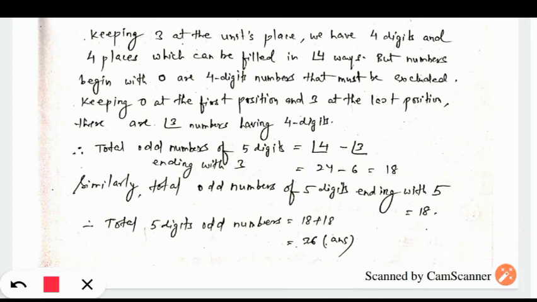Then what will be the total? In the first case we get 18 when the numbers end with 3, and in the second case again 18 when they end with 5. So the total number of 5 digit odd numbers is 18 plus 18, which is 36.